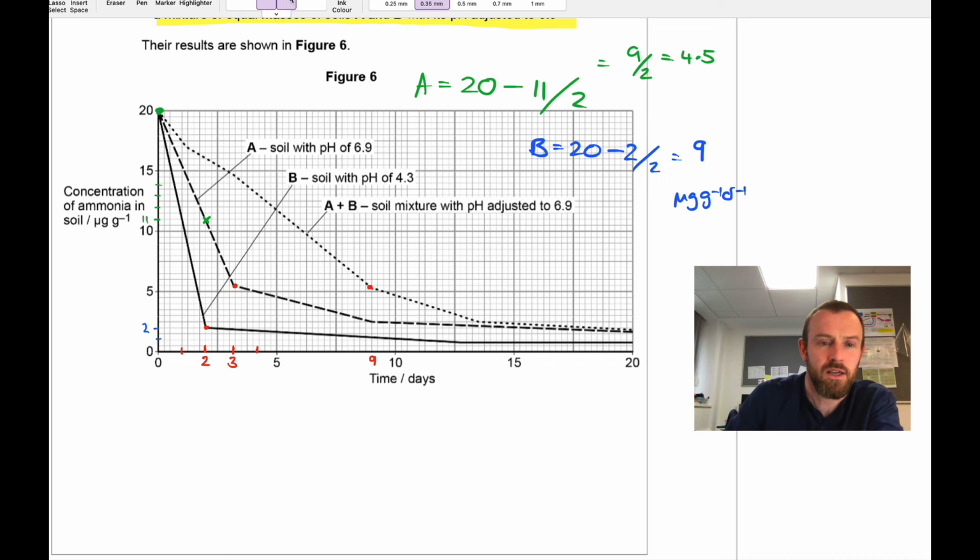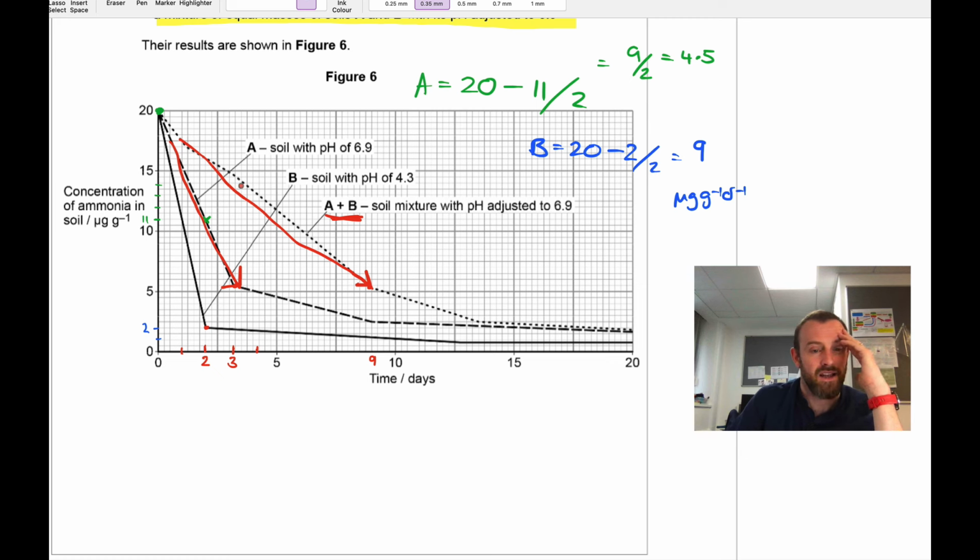Yeah, that makes sense. Okay, so here's what I'm suggesting. The gradient of this one, that's soil A, is about twice the gradient of this one. And that makes sense because in this one, the mixture, it's a 50-50 mix of soil. So we've only got 50% of the soil A bacteria in that mixture, and they are able to work as normal and break down the ammonia.